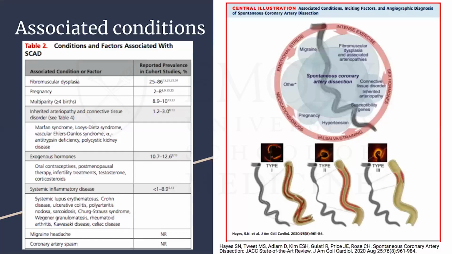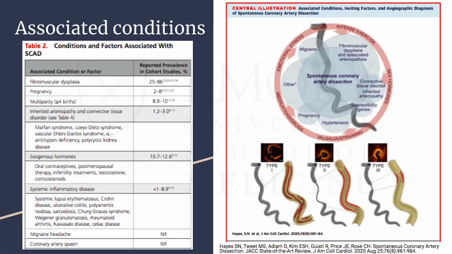In terms of associated conditions, SCAD is not commonly associated with systemic inflammatory disorders, but certain autoimmune or rheumatologic diseases may be predisposing factors in the development of SCAD in a small proportion of patients. Really, the biggest associated condition is fibromuscular dysplasia, and this can be found in up to 80% of SCAD patients.